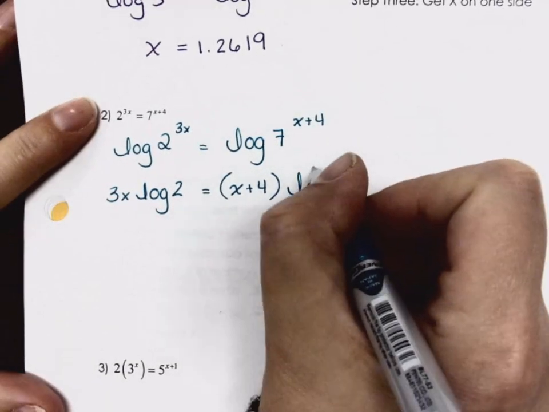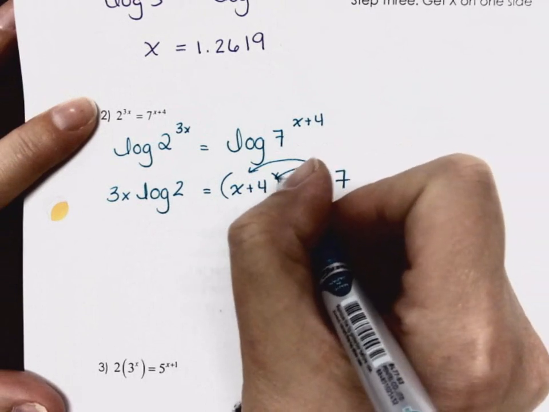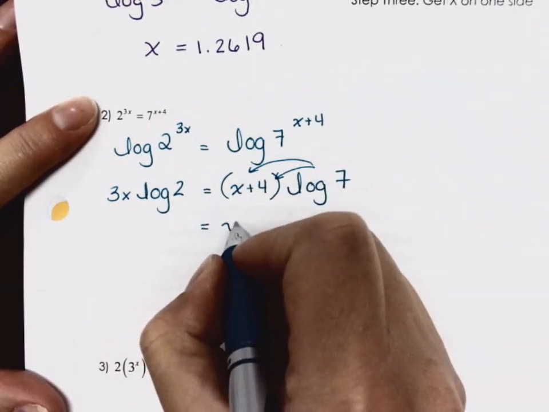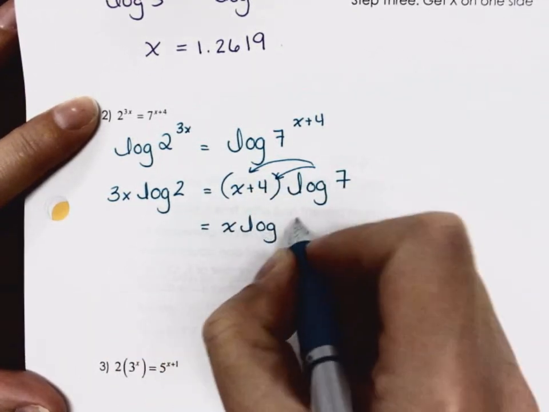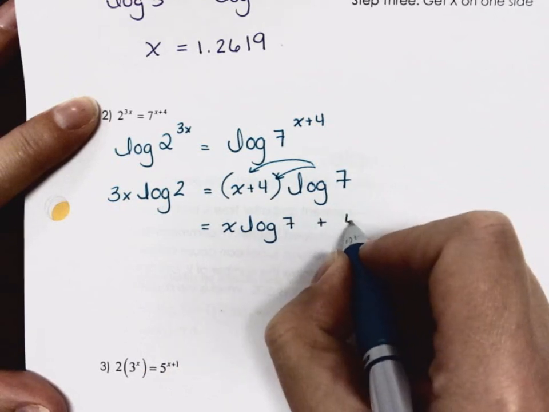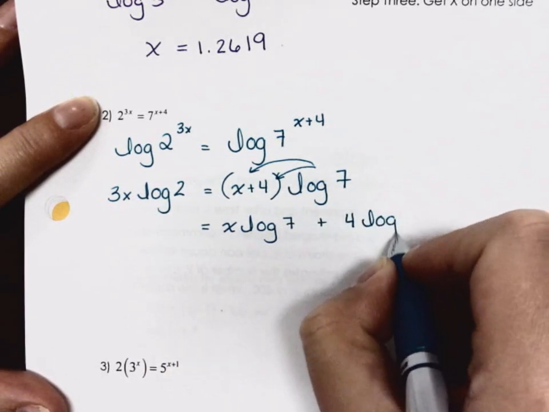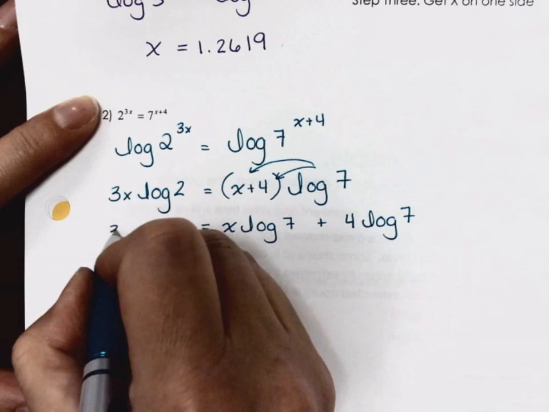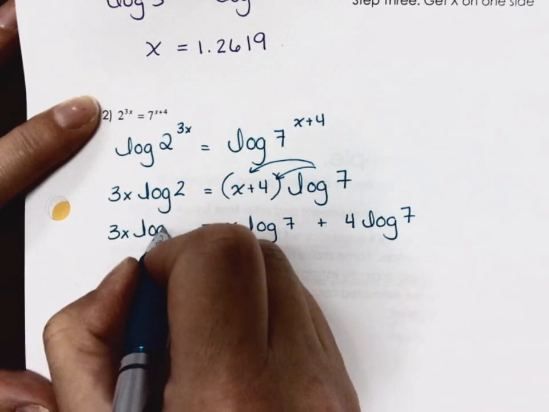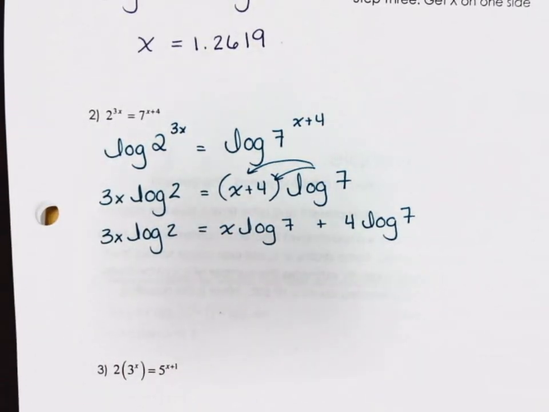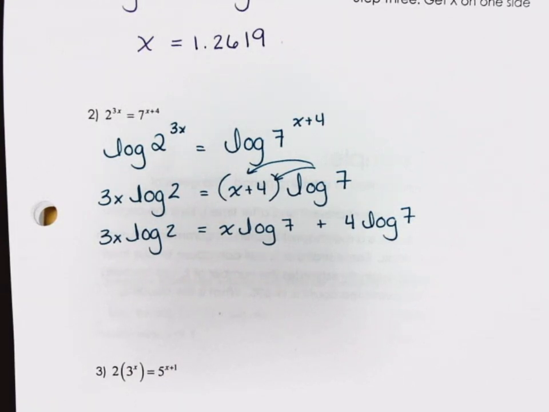We're going to take this and multiply it into here, and multiply it into here. So it would be x log 7 plus 4 log 7. Okay, pretty straightforward. Not really, it's backwards.